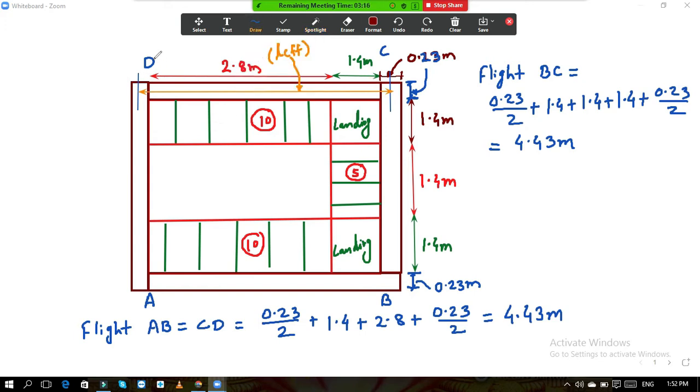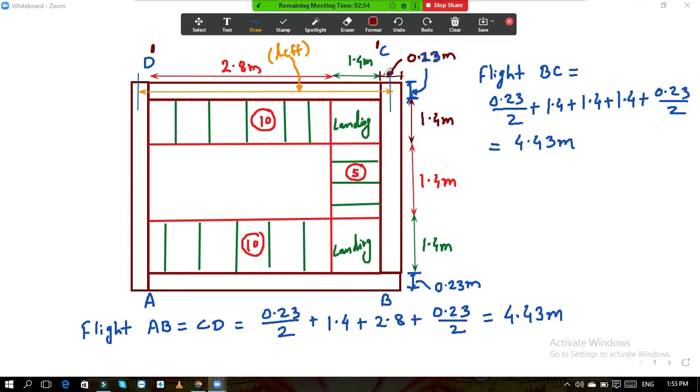So if I show you from this point up to here, C point, this total distance is 4.2, from 2.8 plus 1.4. But this is not our distance. What we want is the further distance.